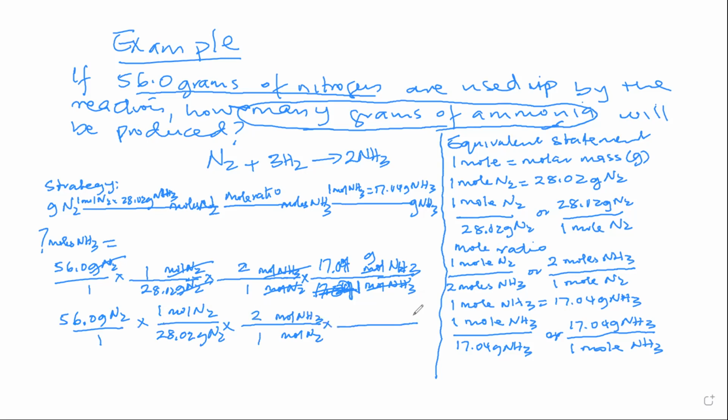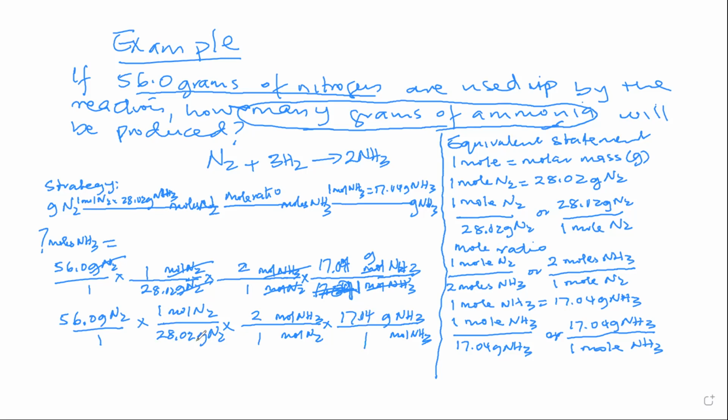This is where I messed up. So moles of NH3, grams of NH3, 17.04.